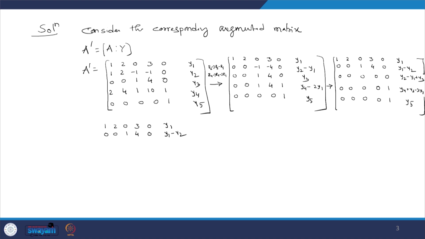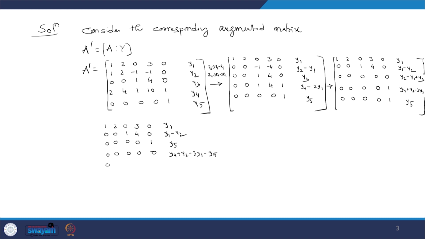So, if I do it, then I am getting 0, 0, 0, 0, 1 and y5, and the fourth row I am subtracting by the fifth row. Keeping the rest as it is, 0, 0, 0, 0, 0, I will have y4 plus y2 minus 3 y1 minus y5.